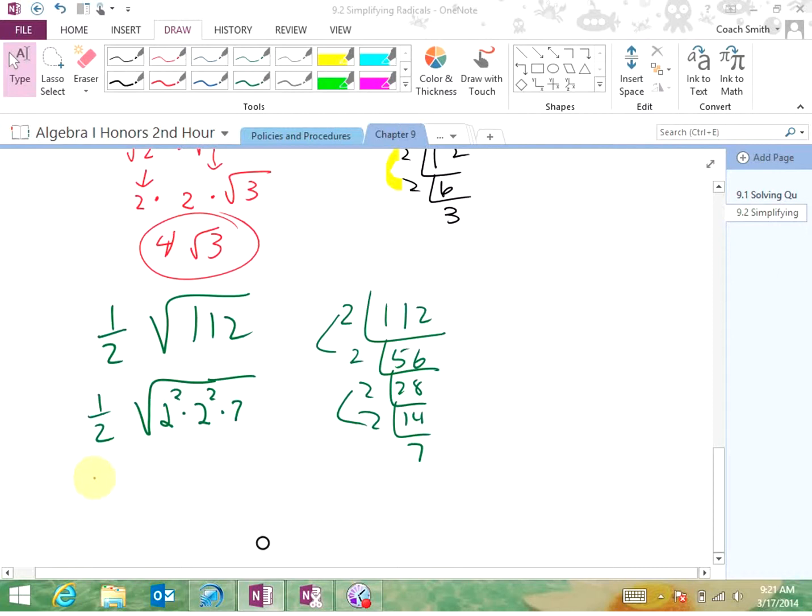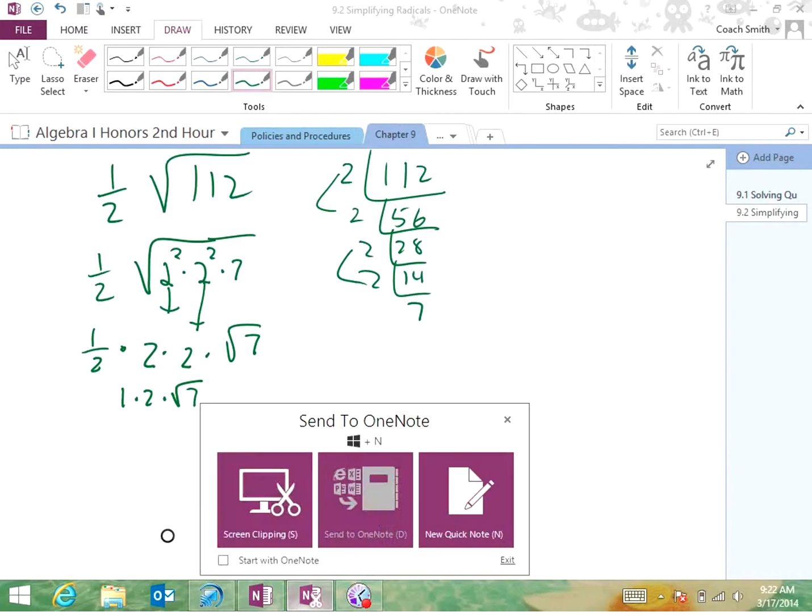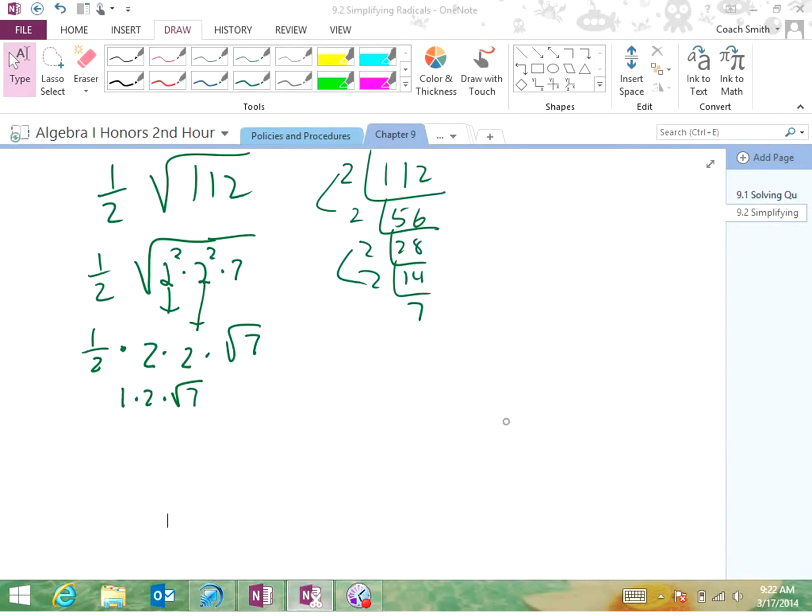Okay, and so now I have 1/2 times 2 times 2 times square root of 7. What's 1/2 times 2? 1. So that's 1 times 2 times square root of 7. 1 times 2? 2 times square root of 7.